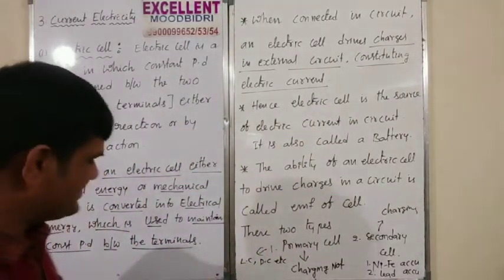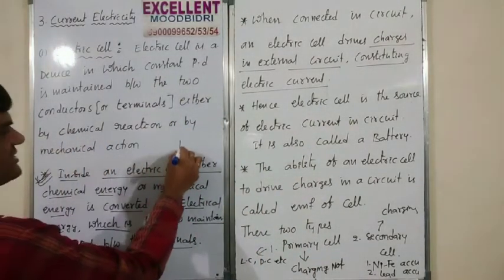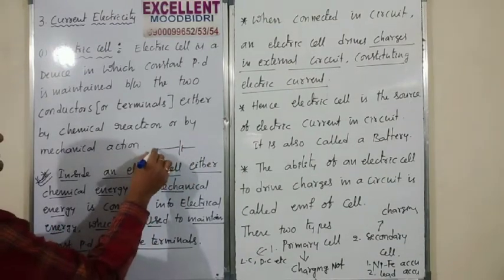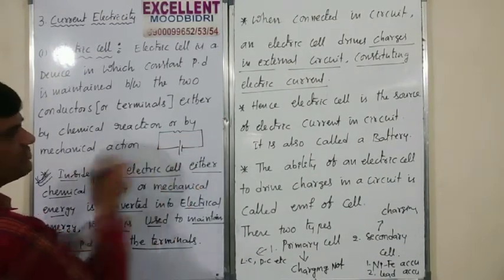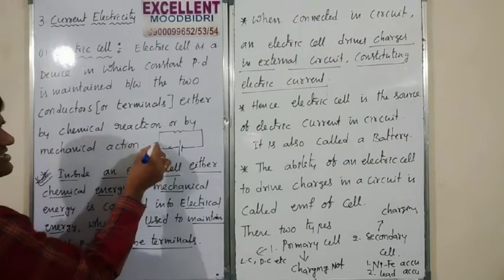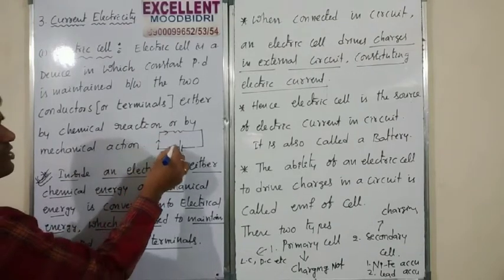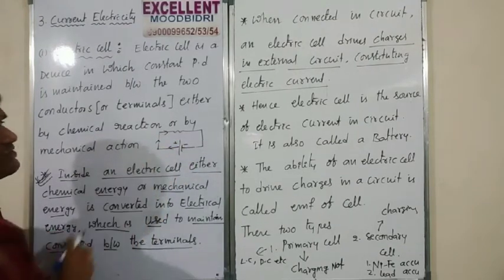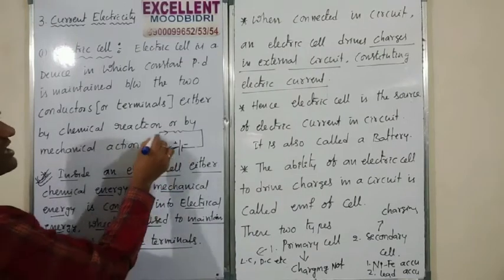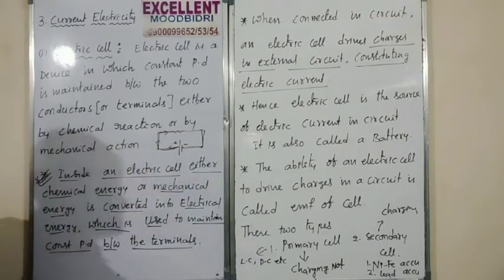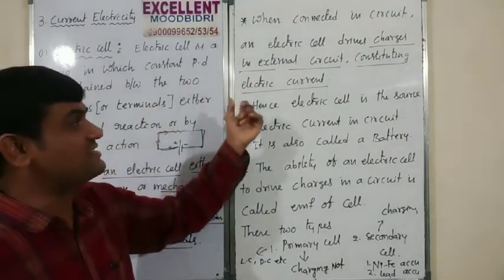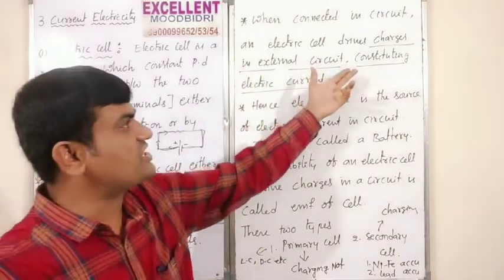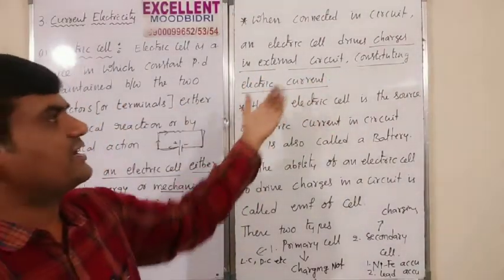So here a cell or battery will be there, and an external resistor. The charges move from positive terminal to negative terminal. The flow of charge is nothing but current, electricity. That is the meaning of this.